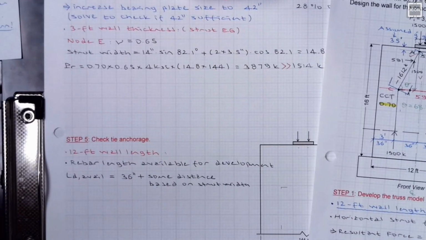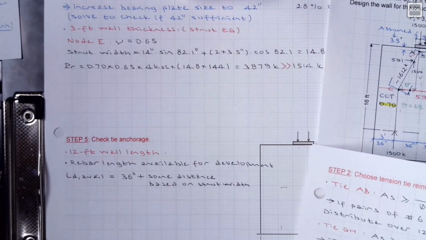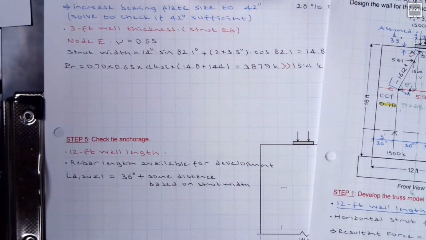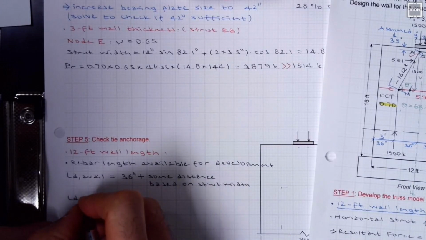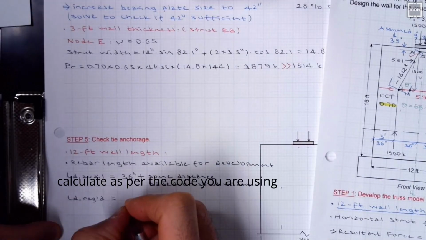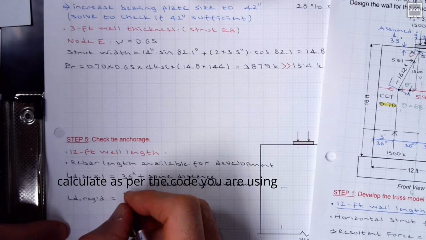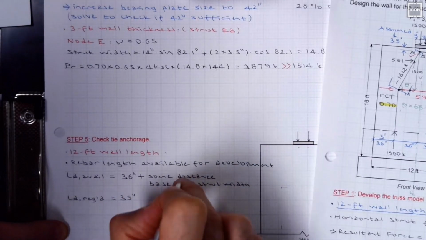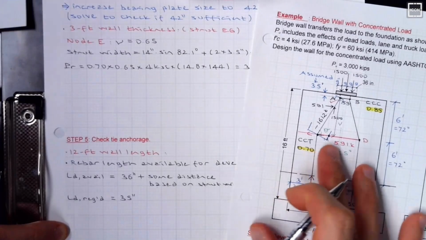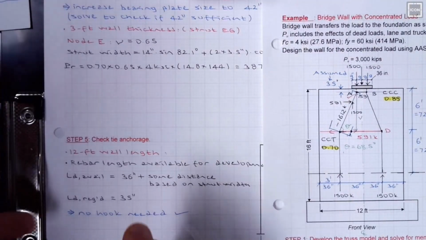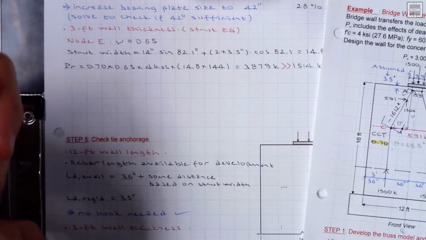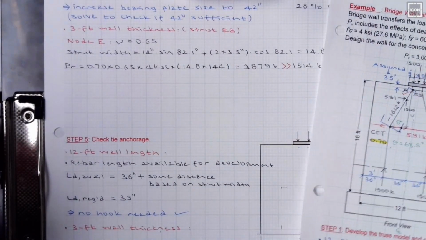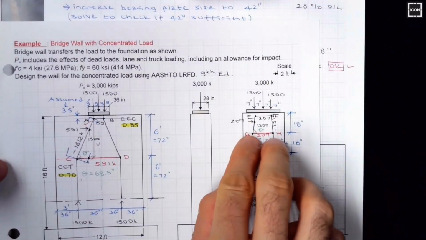We need to look at the development length for the bar which I'm using, which is number 6. Straight bar development length required for this bar is 35 inches. So even without considering the strut width, I don't need a hook. No hook needed.